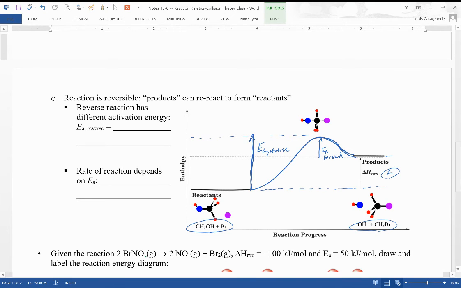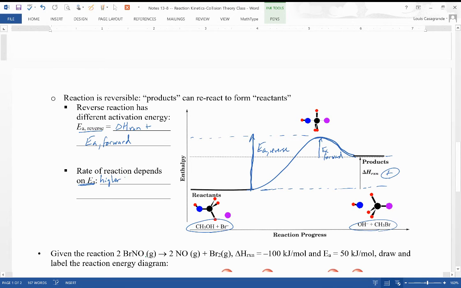And now you can see that there's a relationship for a reaction that starts off as exothermic. The activation energy in the reverse direction is always going to be larger, because it's got the delta H of the reaction added to the activation energy in the forward direction. And this is going to have implications for the speeds at which reactions occur as well, because the reaction rate actually depends on the size of the activation energy. The higher the activation energy, the more energy you need.